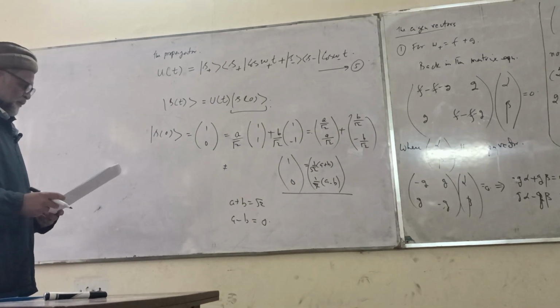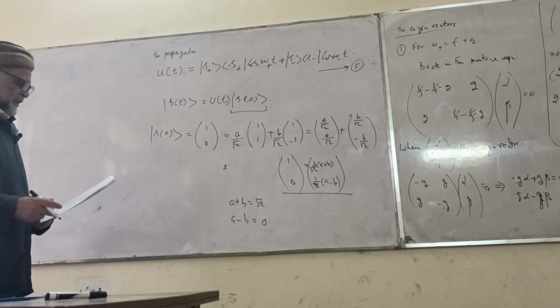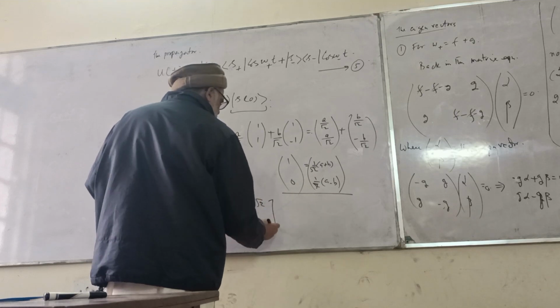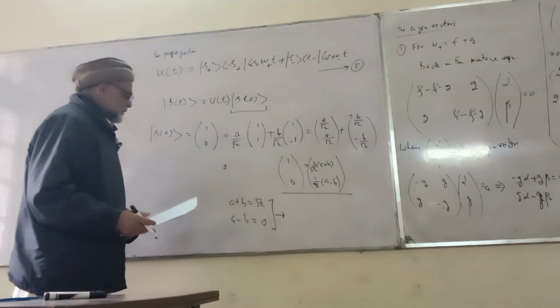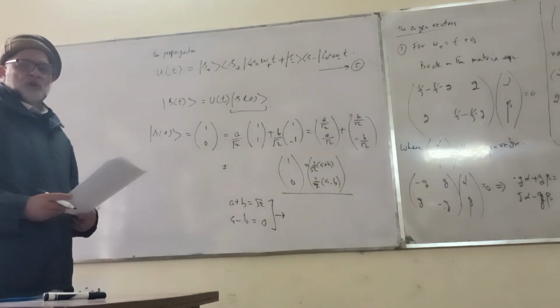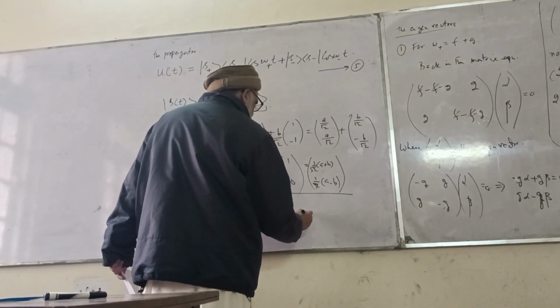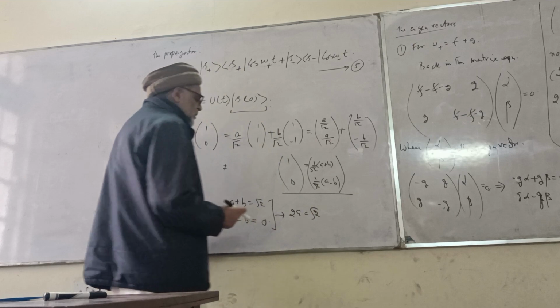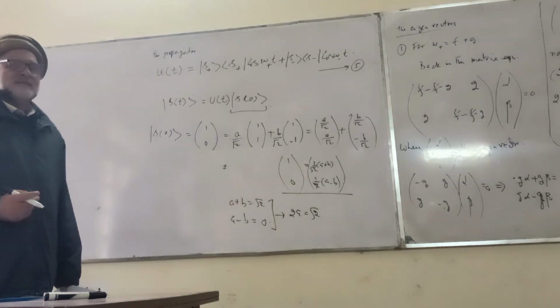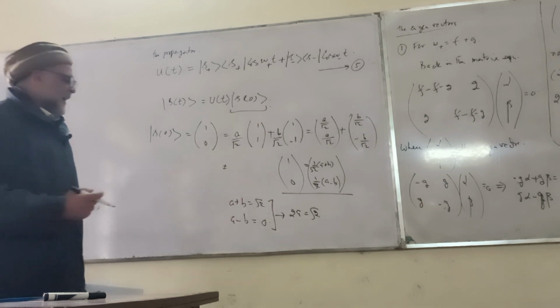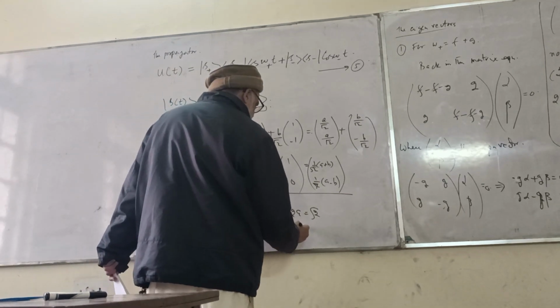If we add them together, we get 2A equal to 2 square root. Clear? A equal to B.